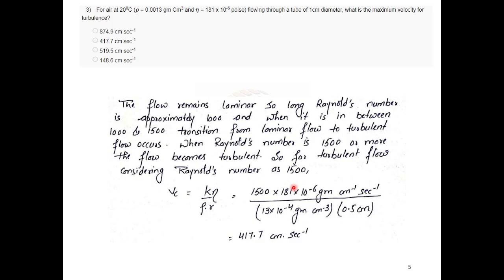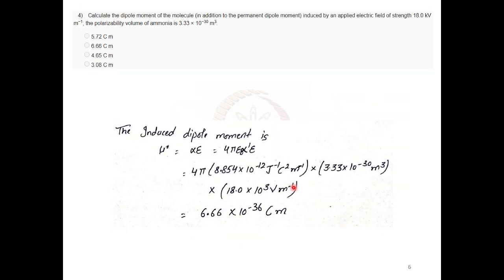Obviously, the more the density, the less the turbulence, maximum velocity for turbulence. So we get that less density means more turbulence, low density means higher turbulence. They are inversely proportional, right? So this is also simple.